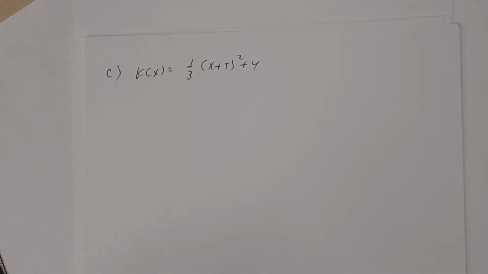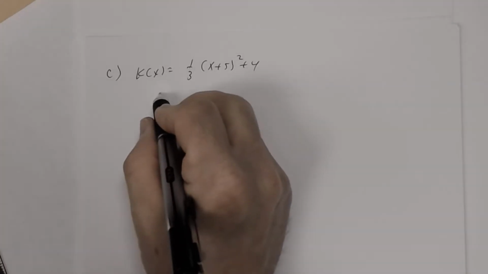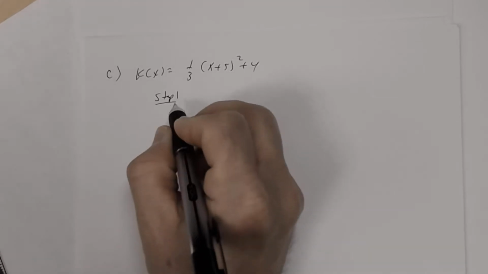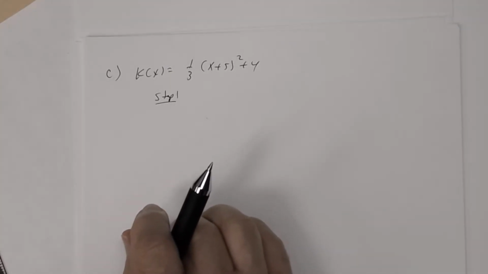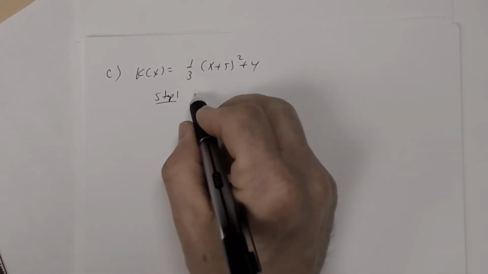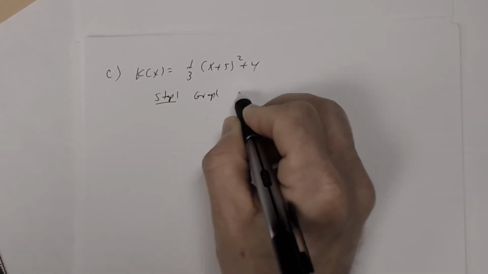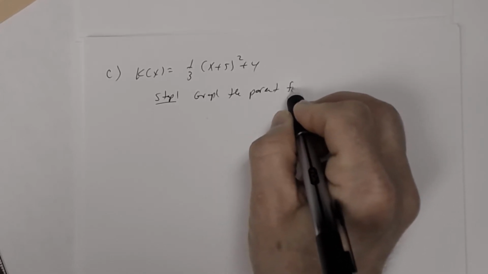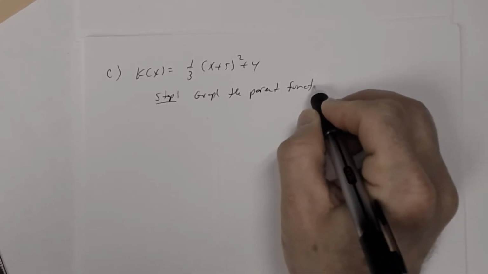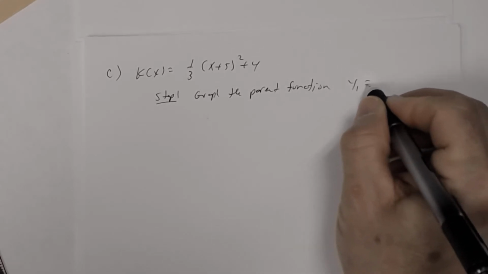Okay, so the first thing you always have to do is graph the parent function. So what's the parent function here? Your squaring function. So it'll be x squared. So you're going to graph the parent function first, which is y1 equals x squared.